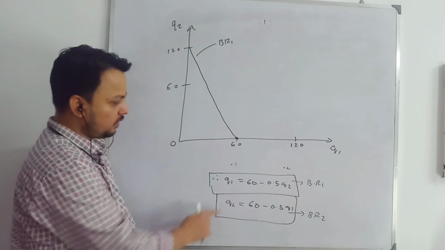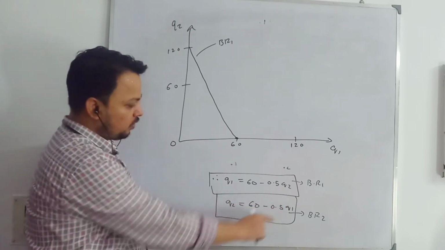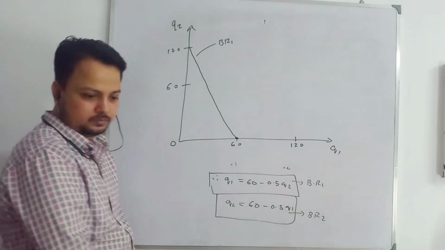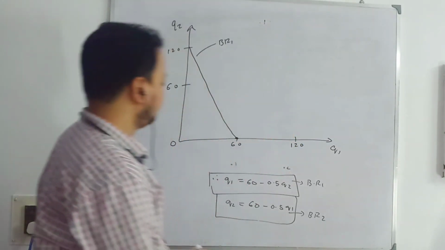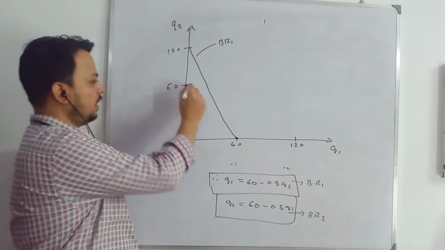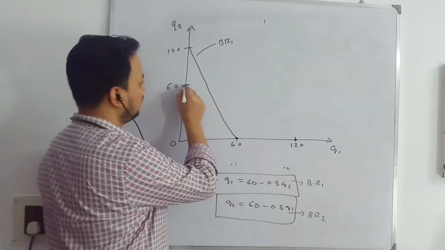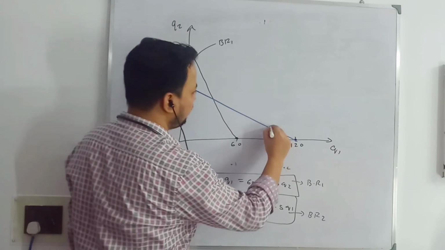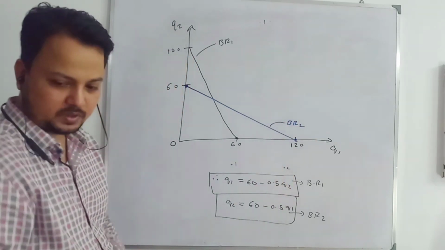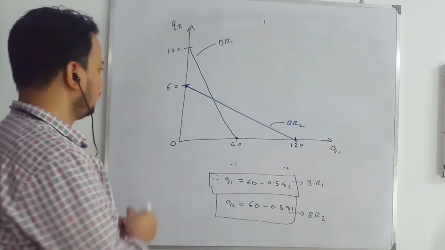Similarly, do it for this one. When q1 equal to 0, what will be q2? 60, and the second point will be 120. Join these two points, and you will get the best response of firm 2.